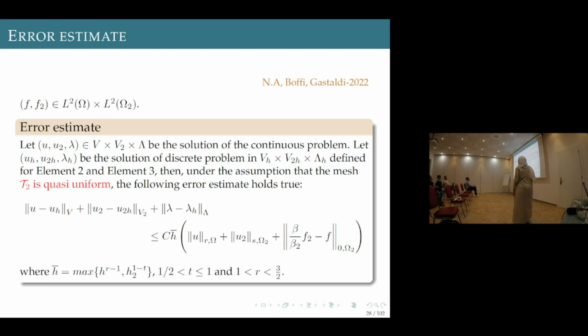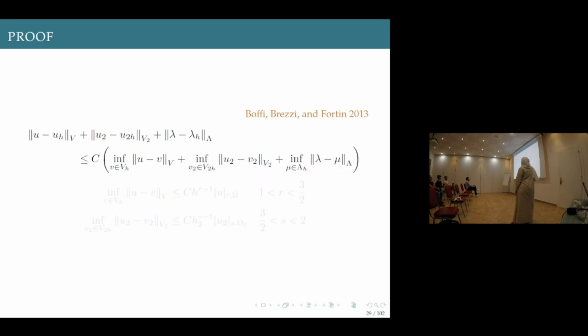So this is the error estimate, and we showed that this h bar is the maximum of h to the r minus 1, where h is the maximum mesh size of tau, and h2 to the 1 minus t, where t is between half and 1. Starting from here, again we go back to the same book, same reference of everything.